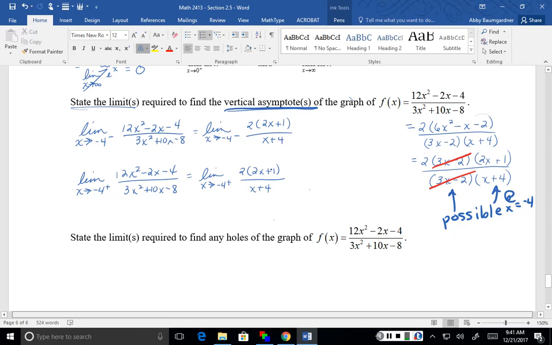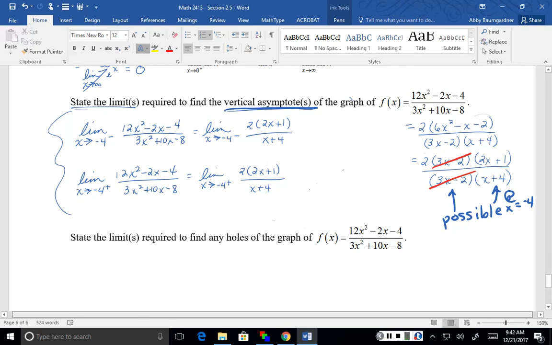But I would have just a bunch of limits there and say something like, which of the following is a limit that you would use to find the vertical asymptotes? Or I might have this stuff written out and say, what do you know?